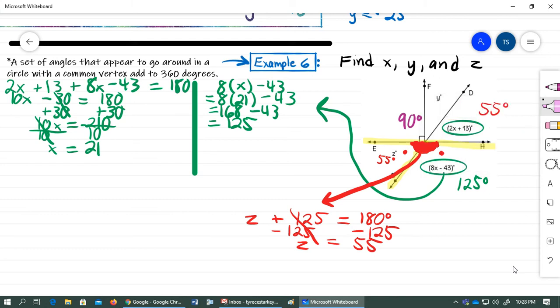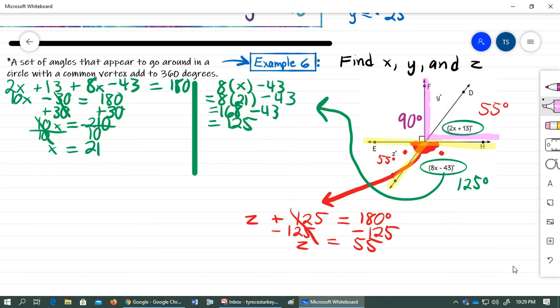Maybe this one here, possibly. What that means is that this angle right here has to be 90 degrees as well, right?